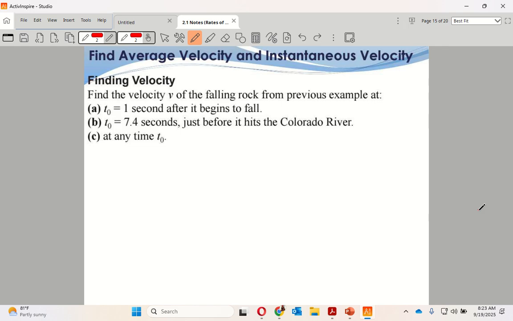All right, so let's go through finding velocity. The velocity v of a falling rock, from the previous example, at t equals 1 second after it begins to fall. Let's go back to the previous problem.